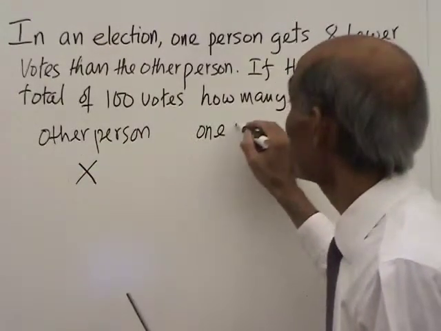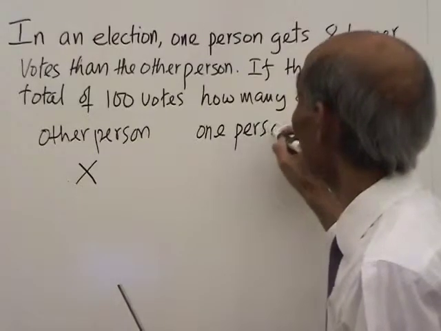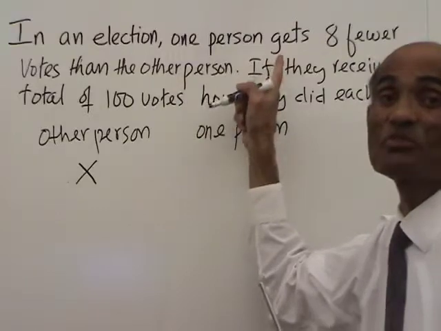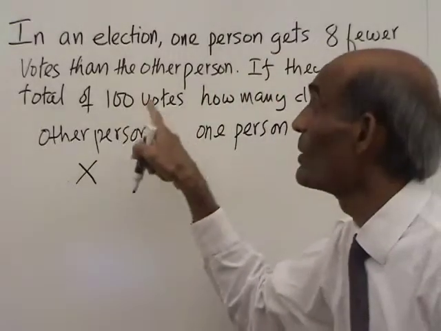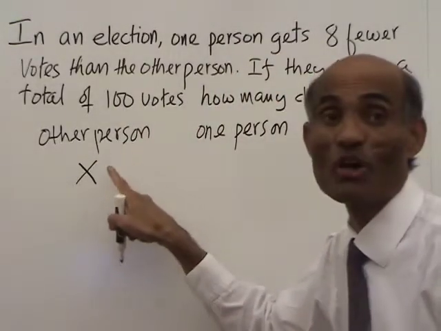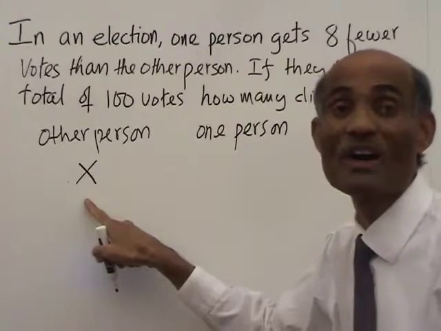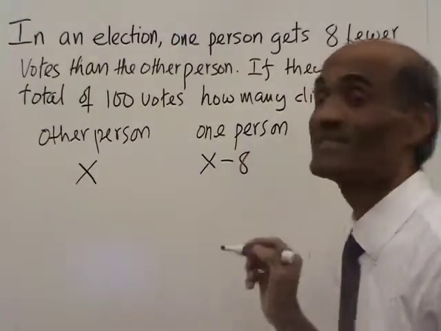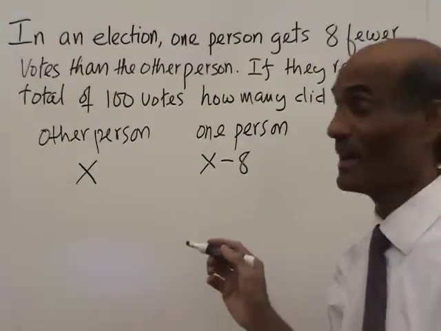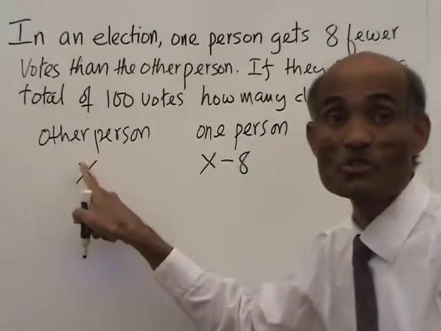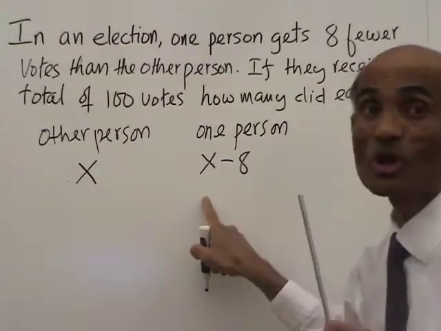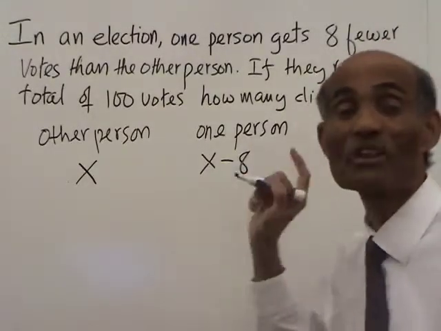So how many did the one person get? One person gets 8 fewer than what the other person got. What is 8 fewer than x? x minus 8. Alright? So one person got x votes, the other person got x minus 8 votes.